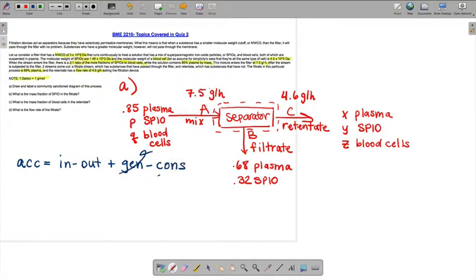Of course we have no reaction, so we don't have anything generated or consumed. As well, since this is a steady state process, we know that our accumulation is therefore equal to 0. So after all is said and done, we have 0 is equal to in minus out, or in is equal to out.